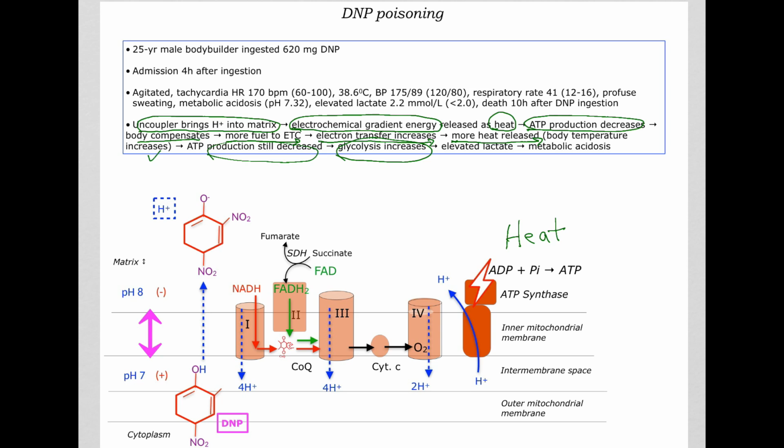And as we mentioned earlier, for glycolysis to keep on happening, the pyruvate gets converted to lactate, and that increases the lactic acid concentration, leading to lactic acidosis, which results in a low blood pH, lower than 7.4.